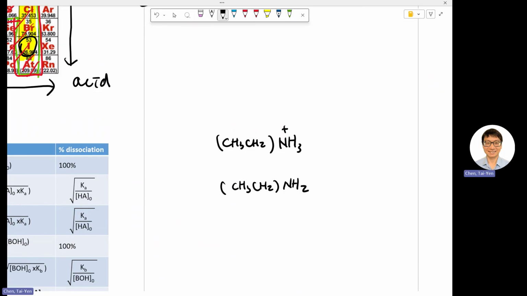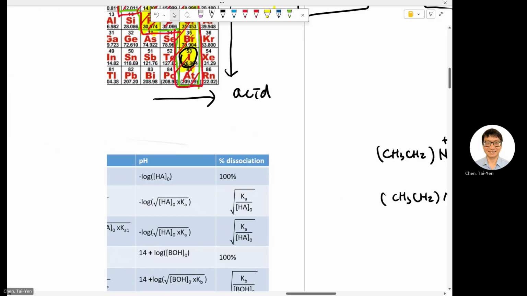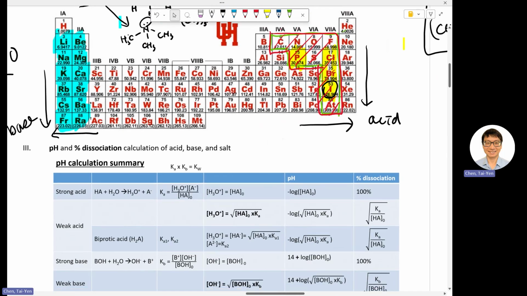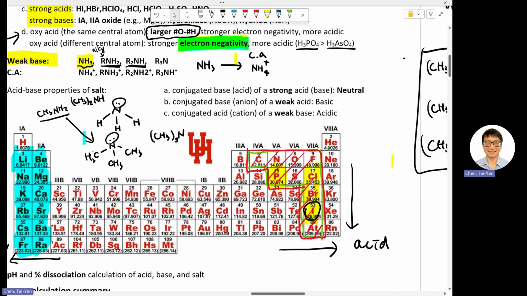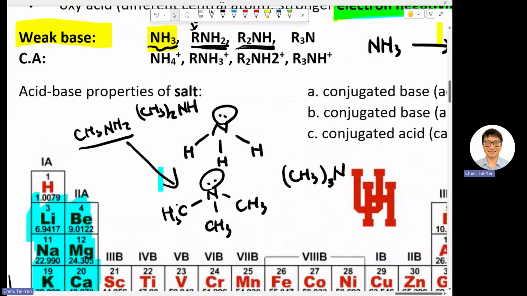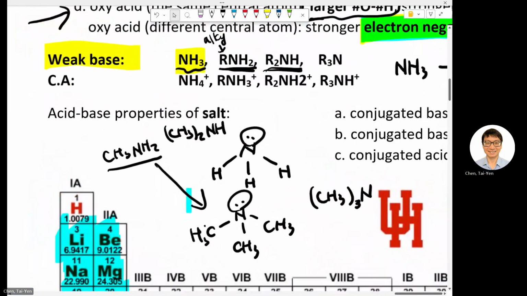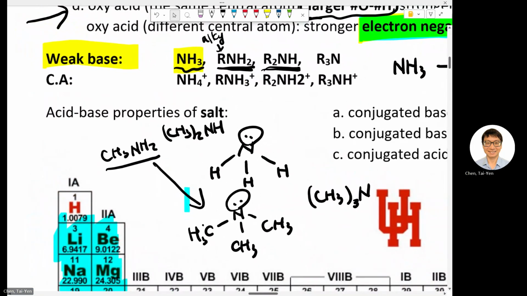All right. So once we understand this, the very last important concept that we want to talk about is this. The acidity or basicity of the salt.